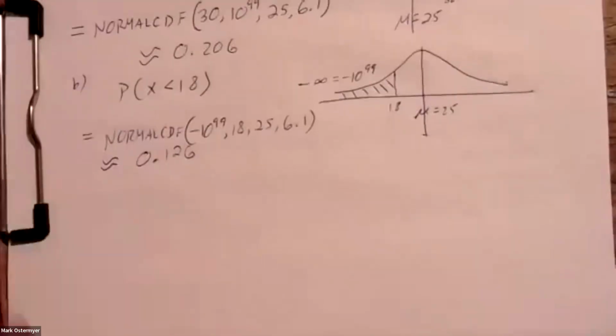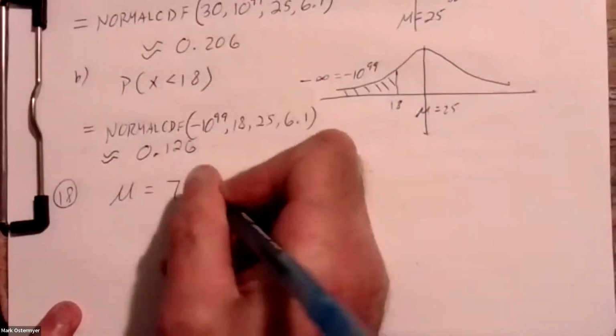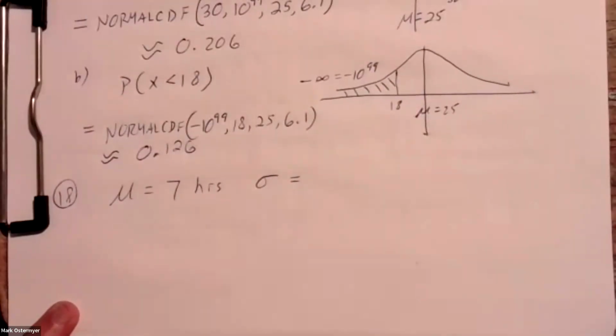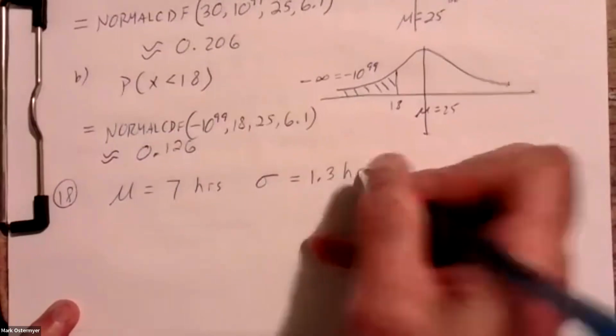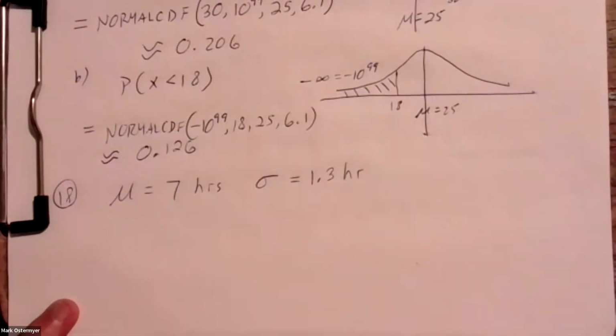Okay, so for number 18, they indicate that the mean is 7 hours and the standard deviation for these normally distributed times is 1.3 hours. They want us to find the limits for the middle 50% of screen viewers.